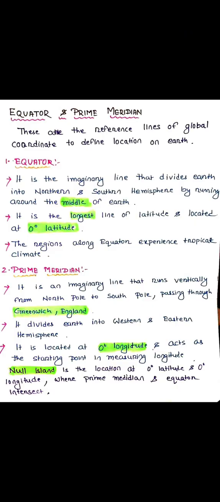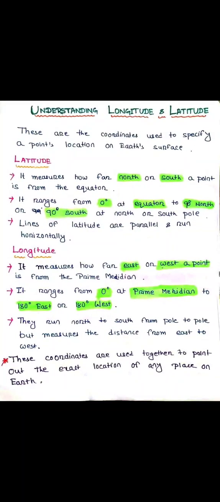Now we will understand what is latitude and longitude. Latitude is the measurement of how far north or south a point is from the equator, that ranges from 0 degree at the equator to 90 degrees north or 90 degrees south.